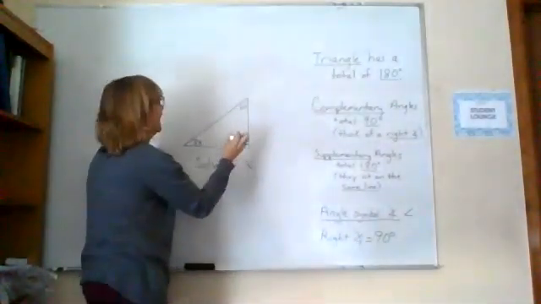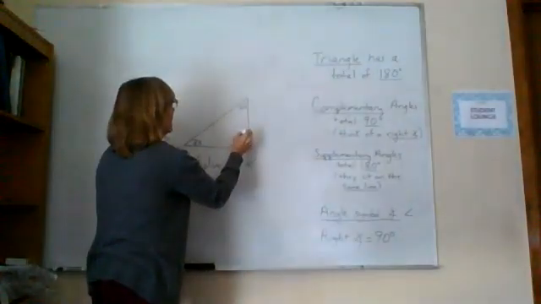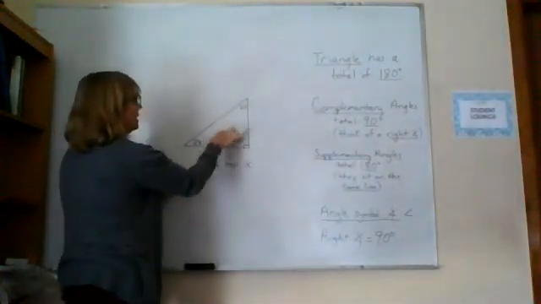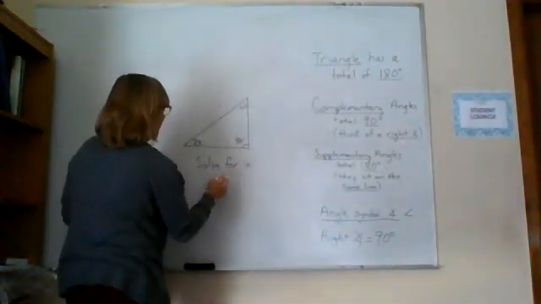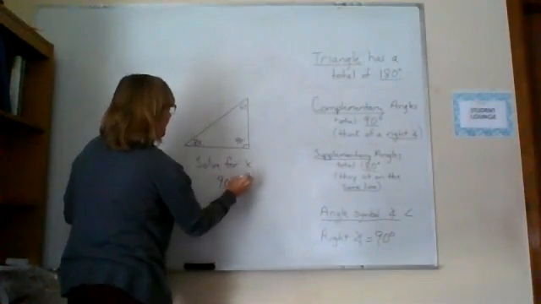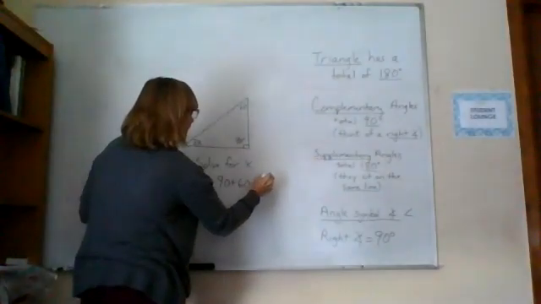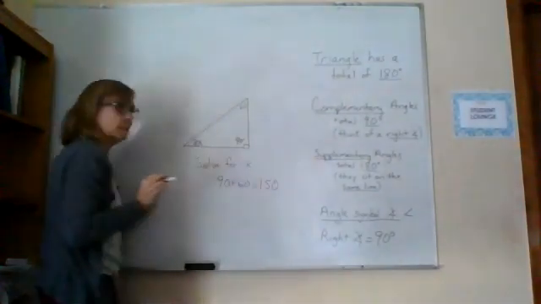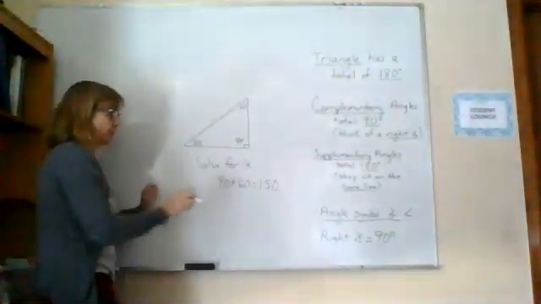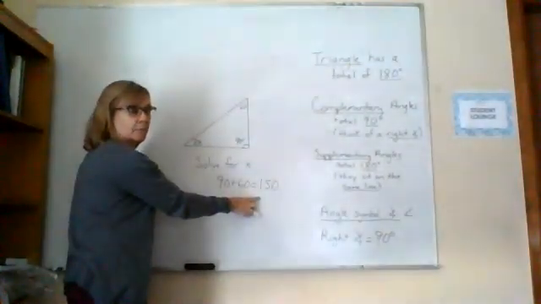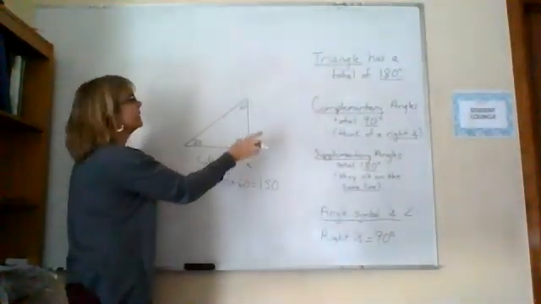How much was this one? What's the value? 90 degrees, I heard you. Right. So between these two angles, I have 90 plus 60. Use your calculator, but that's 150 degrees. Okay. So how many degrees are in a triangle? Yes, 180. Exactly.